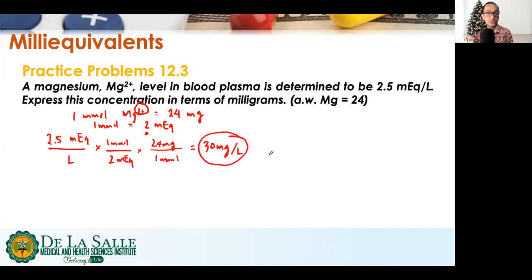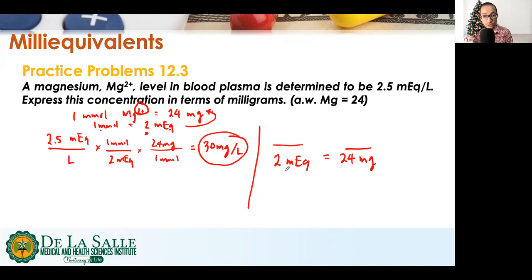Now, you can also use, by the way, ratio and proportion. Okay, because we already know that 2 MEQ has weight of 24 milligrams. Saan nanggaling yon? Ayan, nanggaling yon dito. Okay, 1 millimole is 24 milligrams. 1 millimole is 2 MEQ.